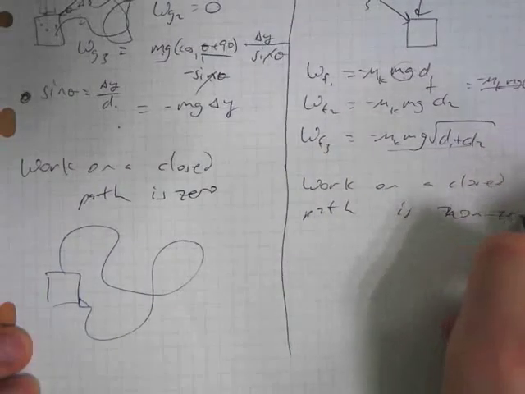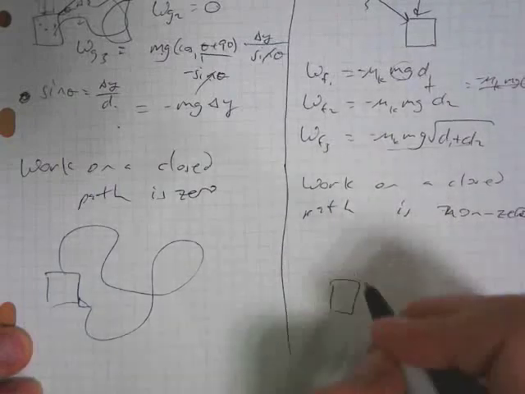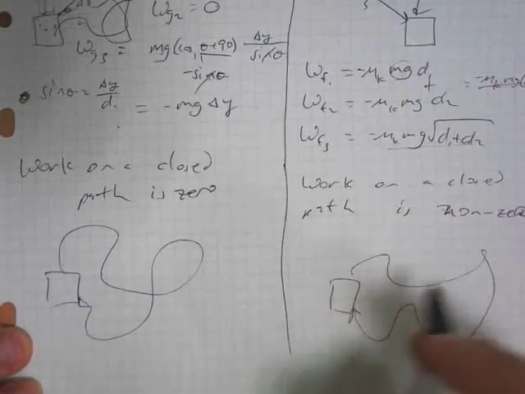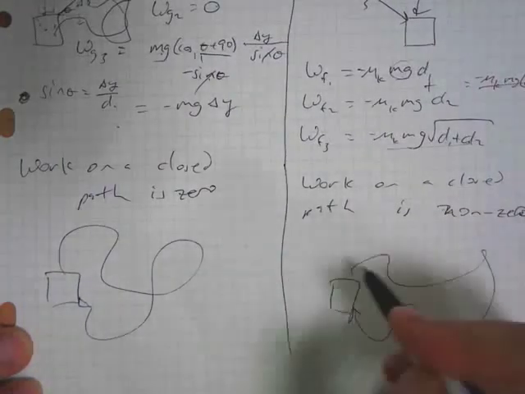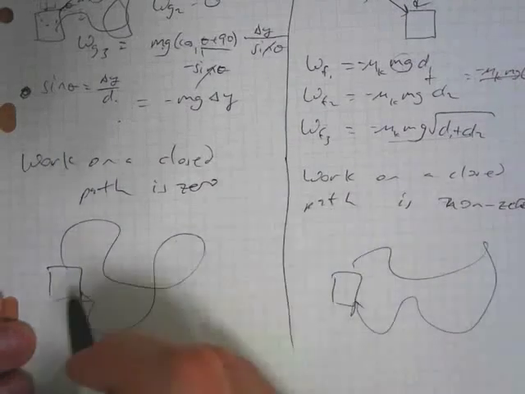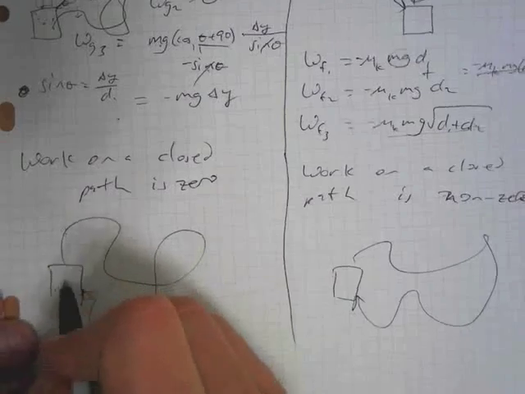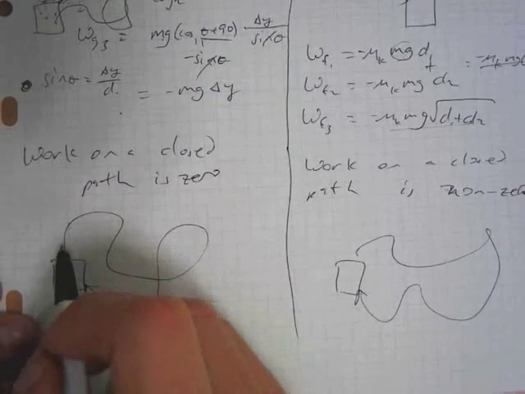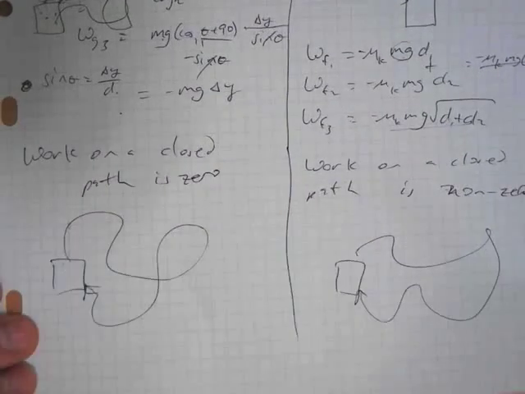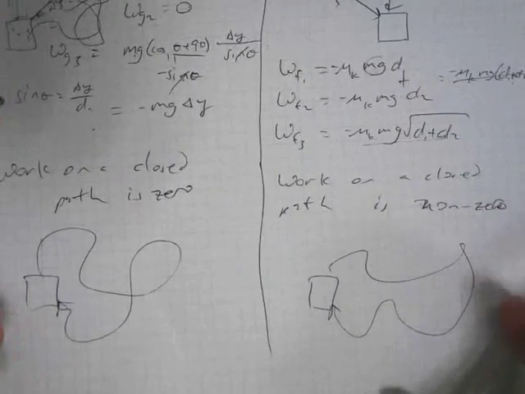Think about friction. If I move this all around, every step of the way friction is opposing me and doing negative work, and so there's negative work being done. Whereas with gravity, any upward motion will result in negative work being done by gravity, which will then be canceled out by a downward motion where gravity does positive work. So that's the distinction between conservative and non-conservative forces.